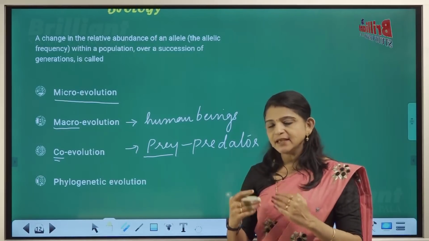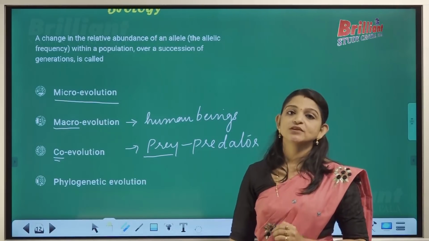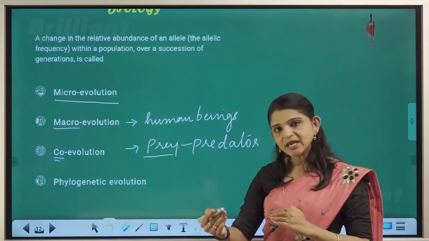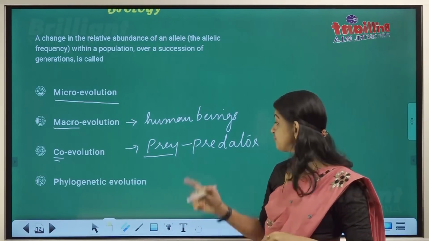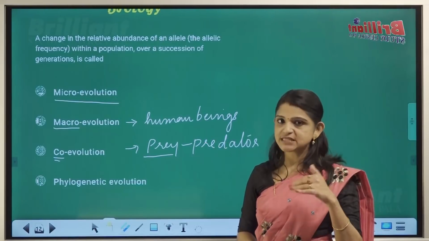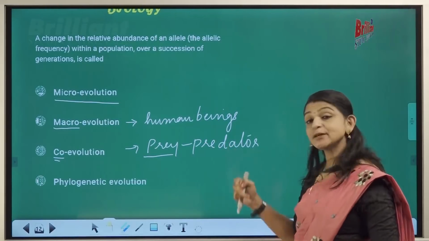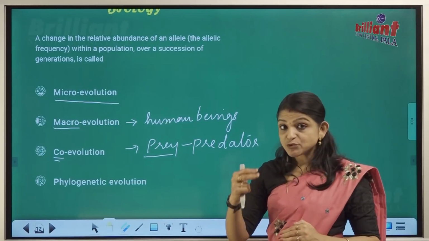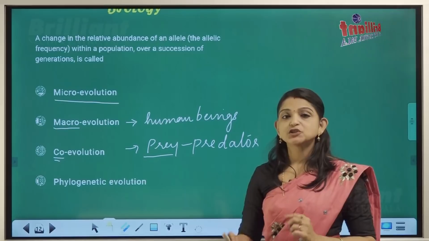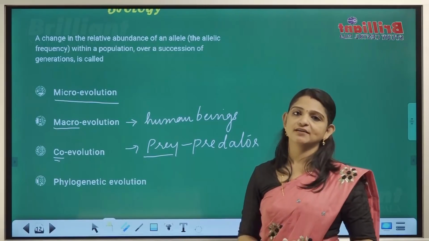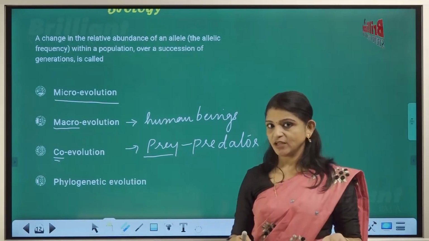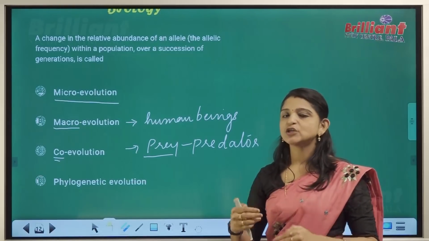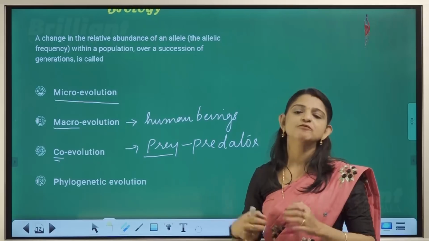Prey definitely must evolve. Why? To avoid capture. So prey must evolve to avoid capture from the predator. So it is evolving. Then think about the predator. What will the predator do? It must evolve to become an effective hunter, because the prey has already evolved.